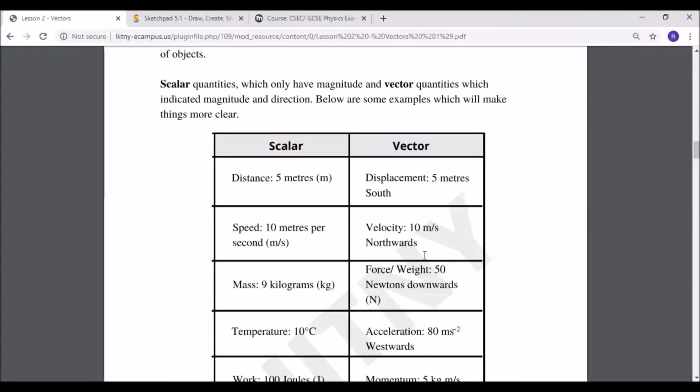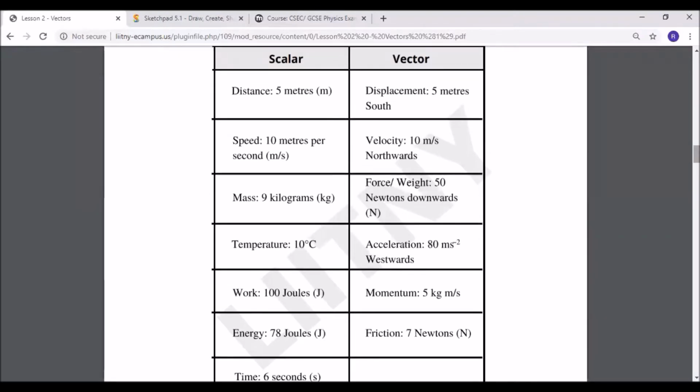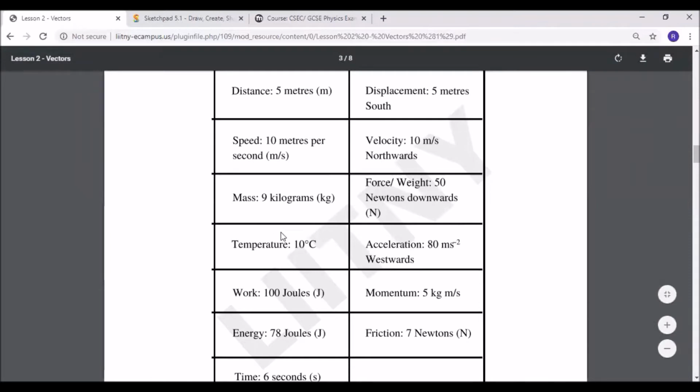So there are a number of other examples of scalar and vector quantities. Some more examples of scalar quantities are mass, temperature, and let's take temperature. Something has a temperature of 10 degrees Celsius.